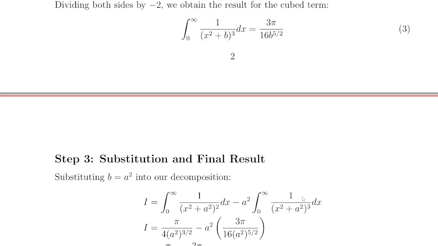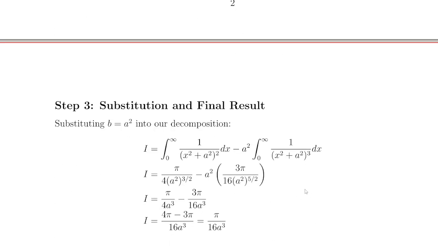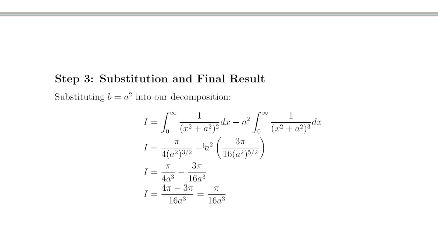And so now what I wanted to do was solve for this integral: 1 over (x squared plus a squared) squared minus a squared over (x squared plus a squared) cubed. We had b for ours, so we'll just replace b with a squared. And then we just copy the results from above.